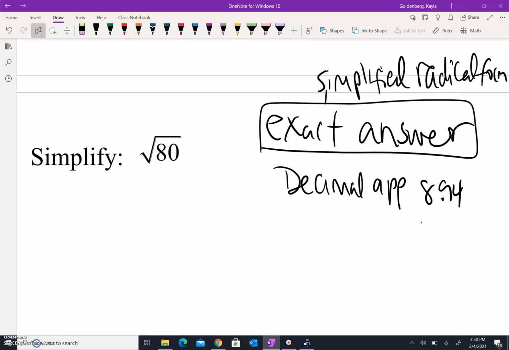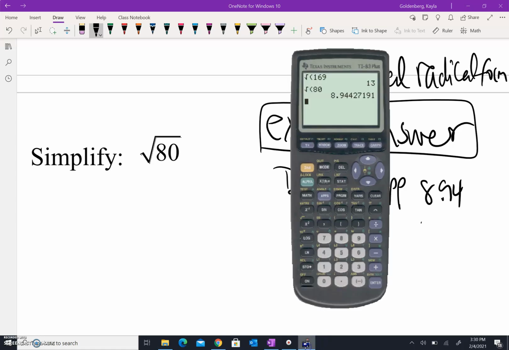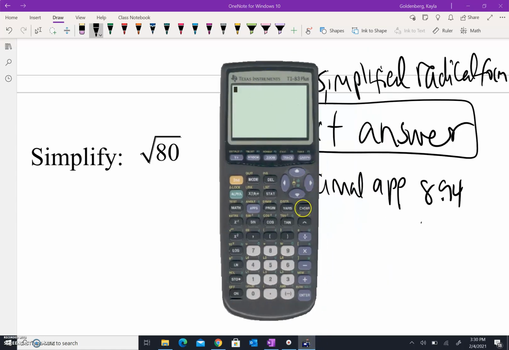So the question is, how can we break down a square root? It's actually a really interesting idea. Here's what I'm going to show you, and I want you to notice some things. On my calculator, I've done the square root of 80 as a decimal, the 8.94 that we saw.